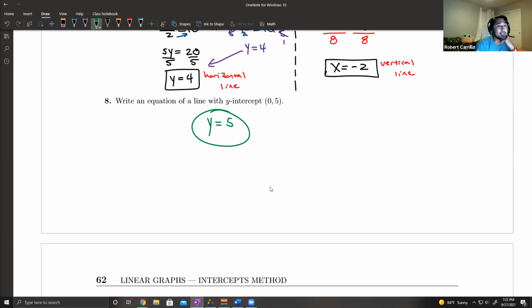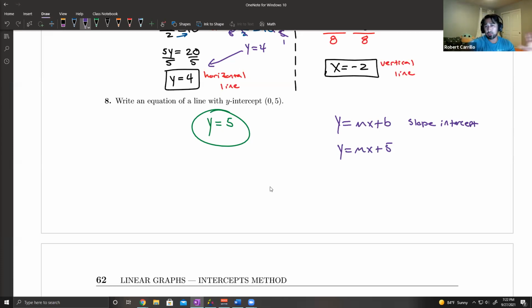Or, I mean, our answer could be infinite possibilities, but since we were working with horizontal lines and vertical lines, this makes much more sense. If you guys have seen this one before, y equals mx plus b, which is your slope-intercept form, you can plug in that y-intercept of 5 for b: y equals mx plus 5.